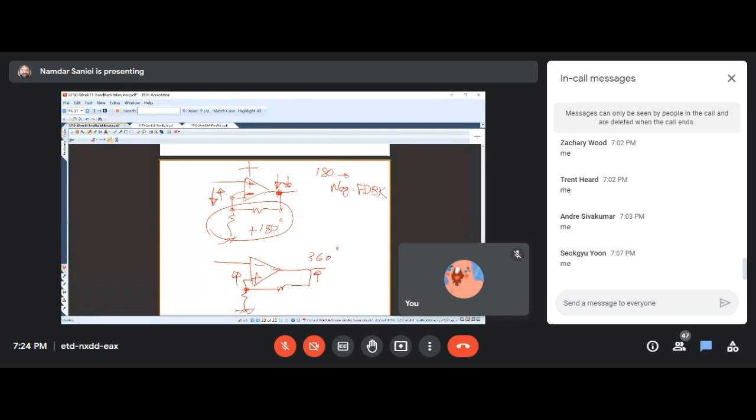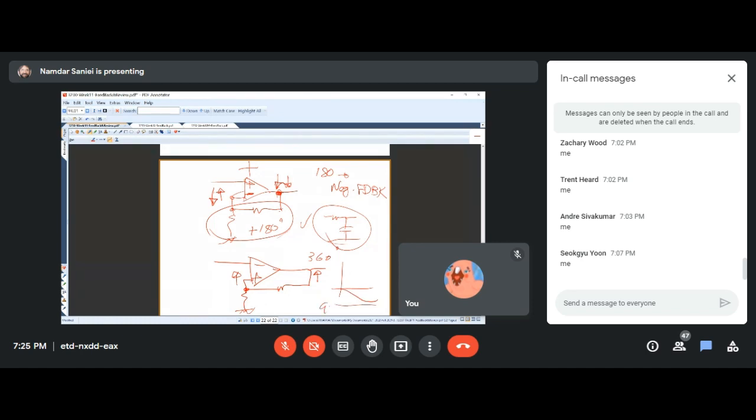So if we had means of introducing another 180 degrees in this case, which we can: every RC, when you have an RC, you have a phase difference. Every RC can introduce 90 degrees of phase difference, right?